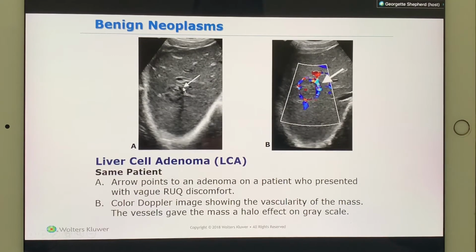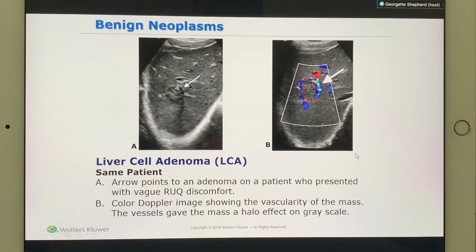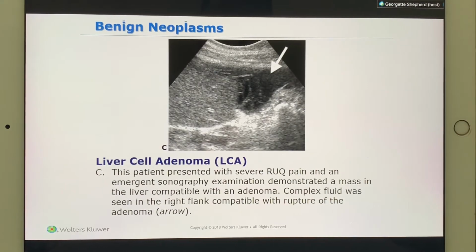Yeah, see how it has a halo? But when you put color on it, it's all vascular. That's called a liver cell adenoma. Here's another liver cell adenoma. And it doesn't have the rim around it because it has already ruptured. Oh, that's why.